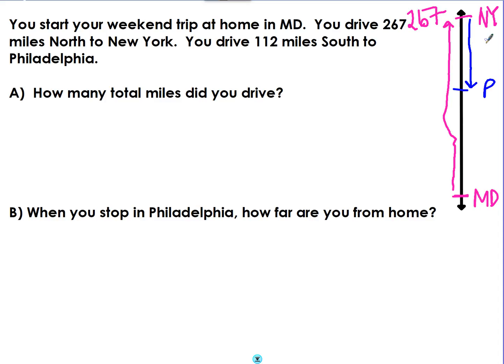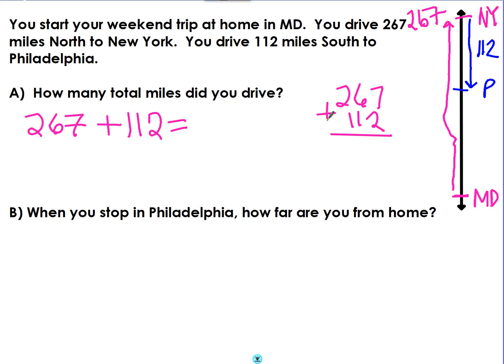We'll just put P for Philly, and that's 112 miles. How many total miles did you drive? Well, I drove 267 miles, and I drove 112 miles. Okay, so 267, 112, add those together. 379 miles total.